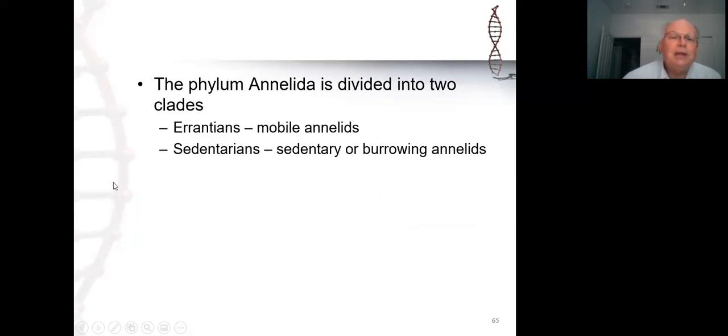So the 2 clades that are currently best supported are the Errantia, otherwise known as mobile annelids. Now, this can imply crawling, swimming, even burrowing, but burrowing in this circumstance is far more rapid than the burrowing that we see in the second group, called the Sedentaria, otherwise known as the sedentary worms or the slow burrowing annelids.